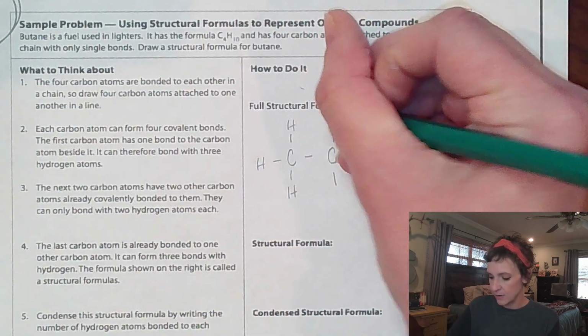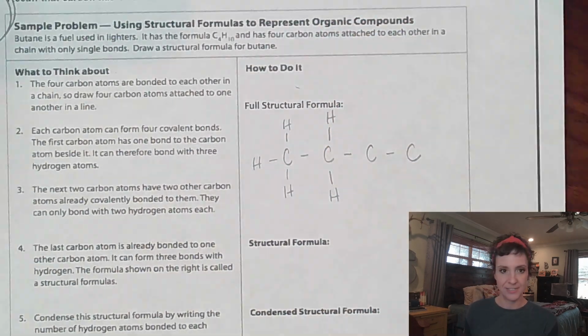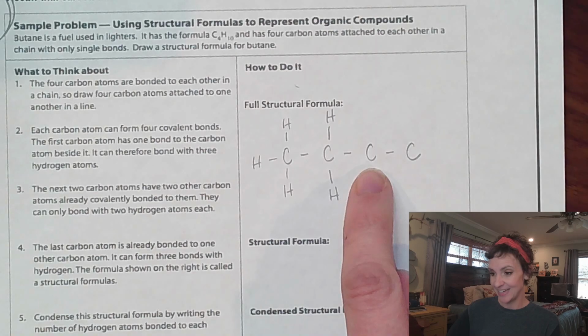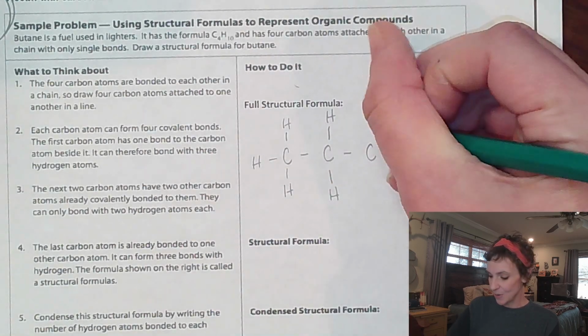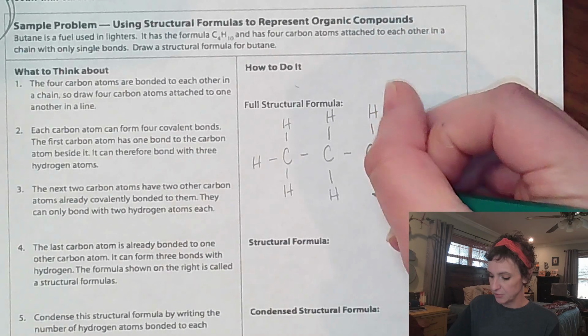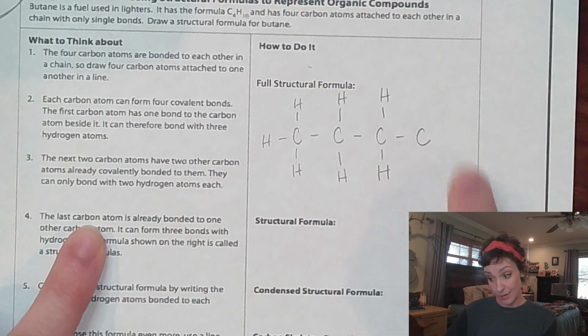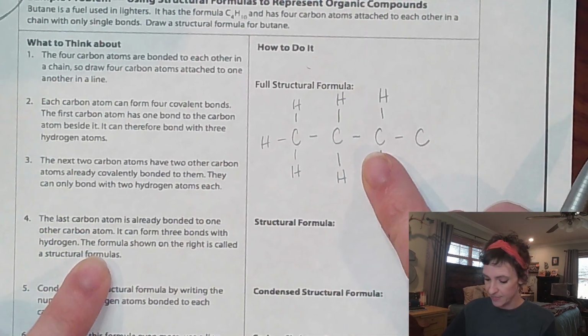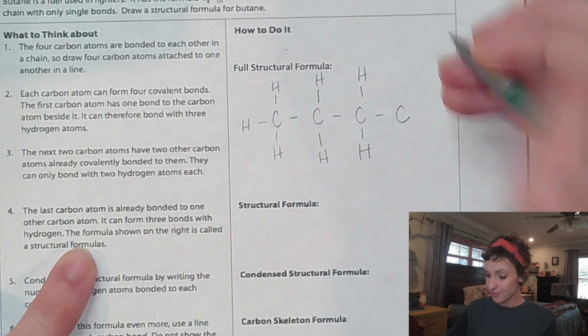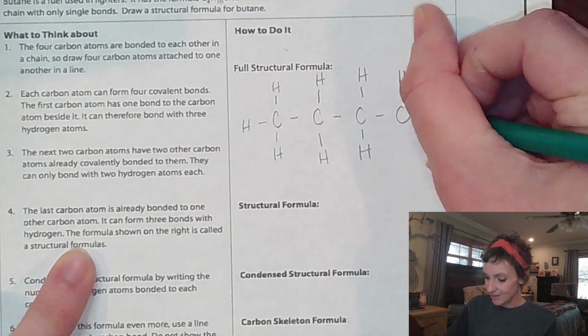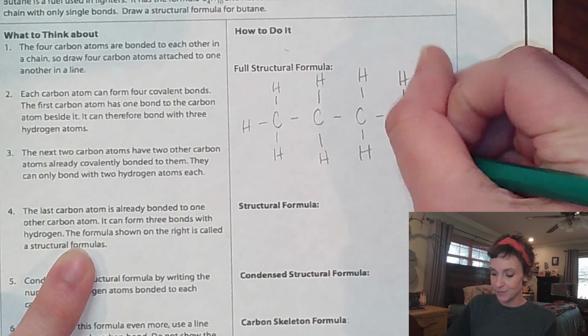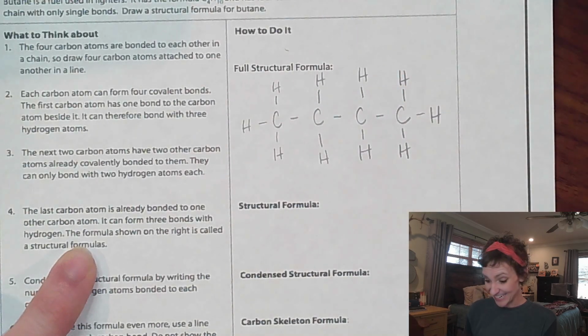Yay, you get a bond to hydrogens. Same thing with this guy. He's already got 2 bonds on him, so his 2 other bonds will be to some hydrogens. Okay? The last carbon atom is already bonded to 1 carbon atom in the chain, so he can form 3 more bonds. And you guessed it, he's going to form those 3 more bonds to hydrogens.